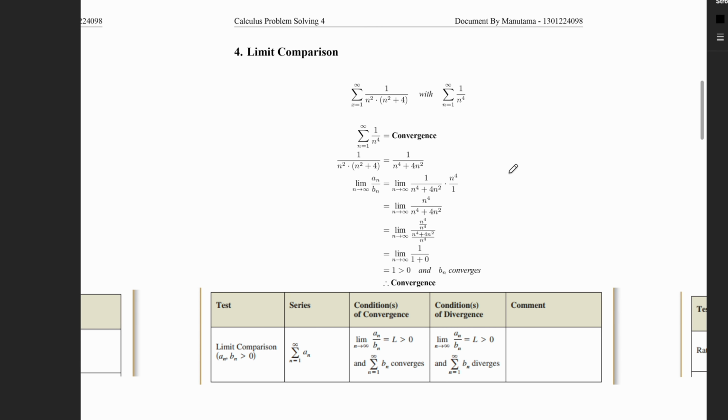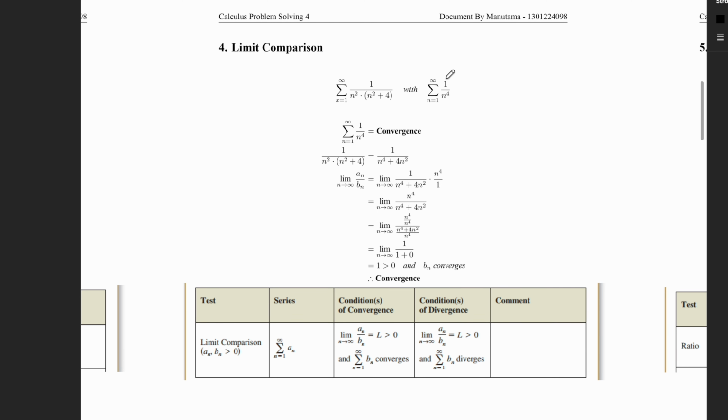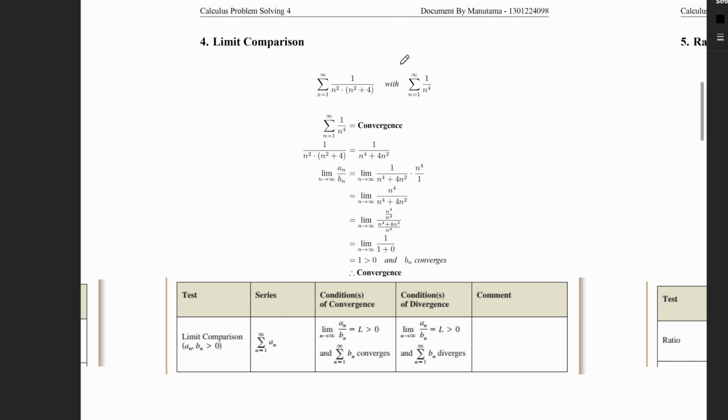Next, for question 4, we're going to use limit comparison. For limit comparison, it is also the same: we use a series that we know is convergent or divergent. For this example, if we multiply this, we get n over 4.